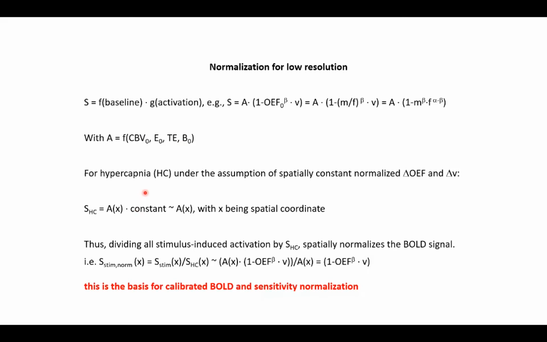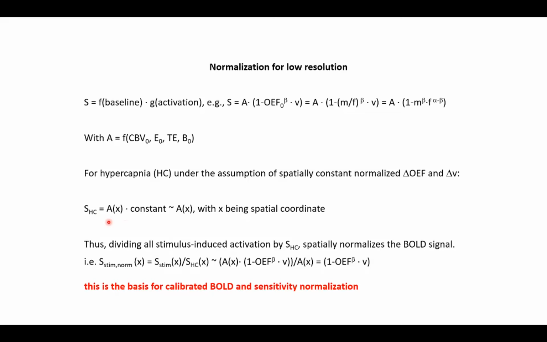Now, one way of taking this A out, the scaling constant, because we want to be only sensitive to the physiological effects, so we want to remove all these effects which are based on echo time, T2 star, and so on. So what people do, for example with hypercapnia, they say we measure actually this A constant, this scaling constant.